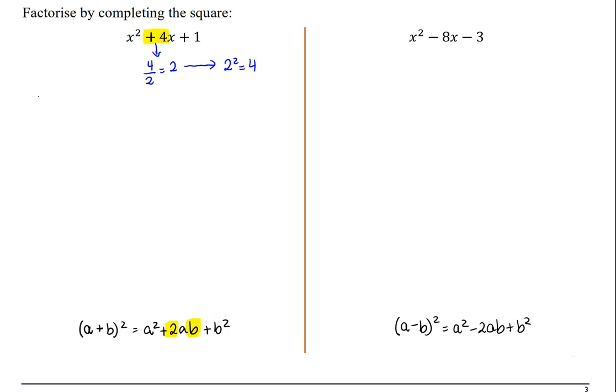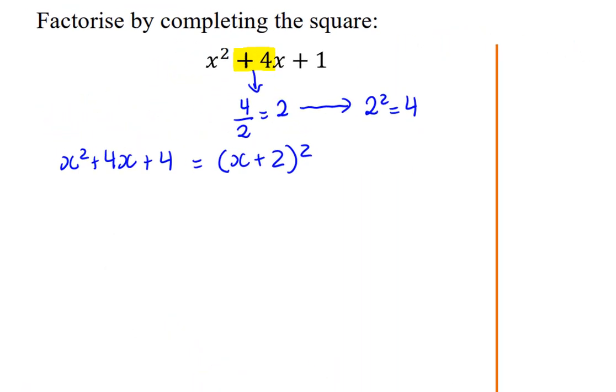So my perfect square is x squared plus 4x plus 4, my b squared, equals my x plus 2 all squared. So that 4 being my b squared goes there, and that 2 being my b goes there. Now, that's a step you might not see others do. I like doing it because you get what you need and then you start manipulating.